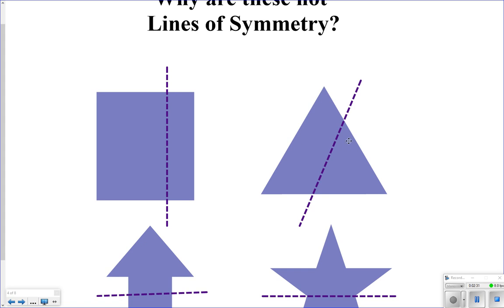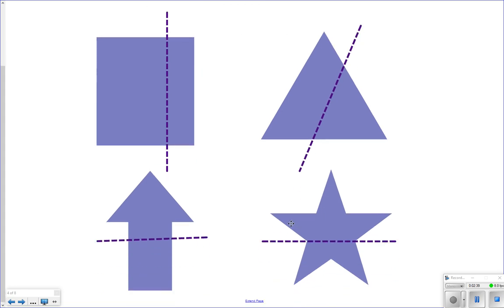And here also we have two parts, but they are not equal, so this line is not a line of symmetry. And here also the up part is not like the down part, so it's not a line of symmetry. And here also there is no line of symmetry. I can't say that this is a line of symmetry because the up part is not equal to the down part.